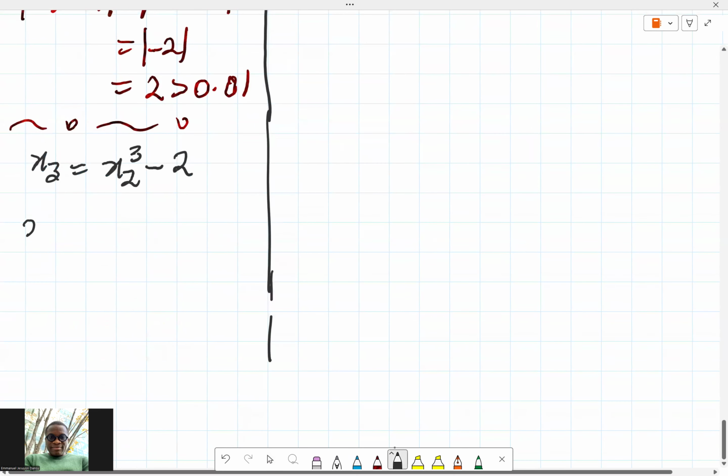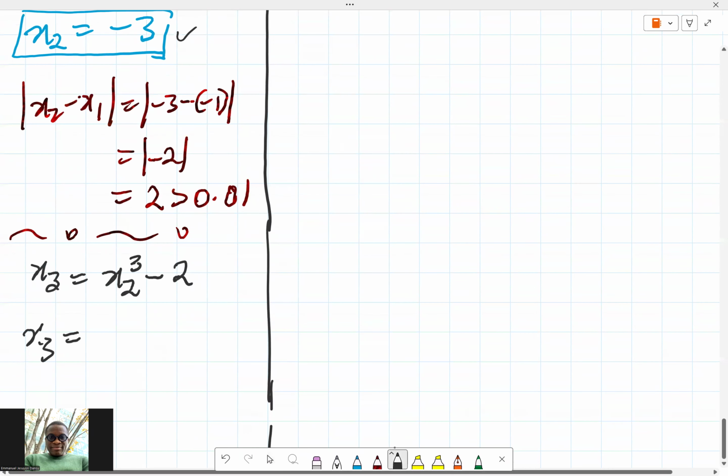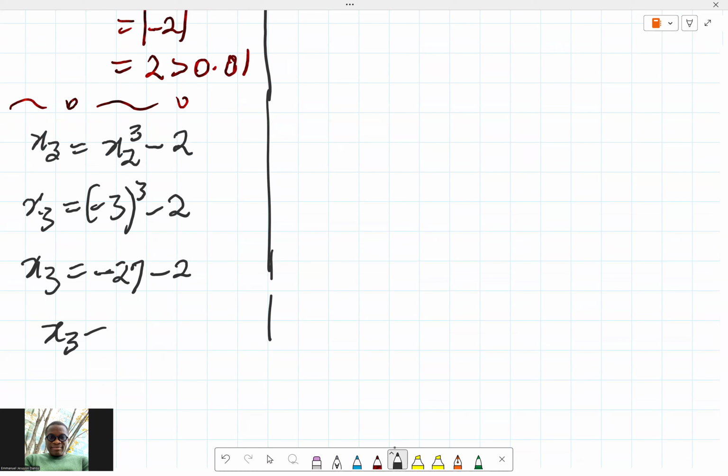So x3 equals x2 cube. x2 is minus 3 from here. So that's minus 3 raised to power 3 minus 2. So x3 is equal to minus 27 minus 2. So x3 now is minus 29.